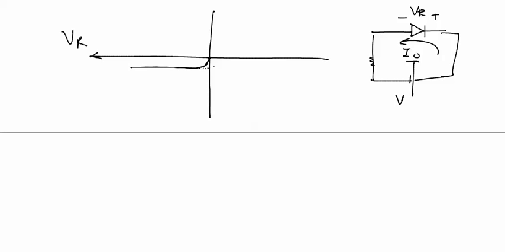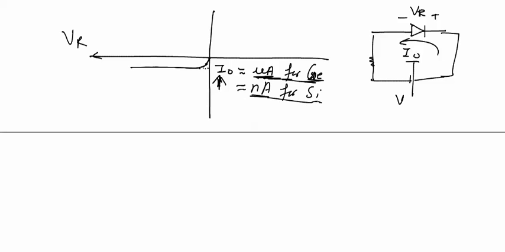This current is called I naught reverse saturation current, and its value is in microamperes for germanium, and it is in nanoamperes for silicon. The magnitude of this reverse current is large in case of germanium in microamperes as compared to nanoampere in silicon. This is the greatest advantage of silicon over germanium, that its reverse saturation current is very less as compared to reverse saturation current in germanium diode.